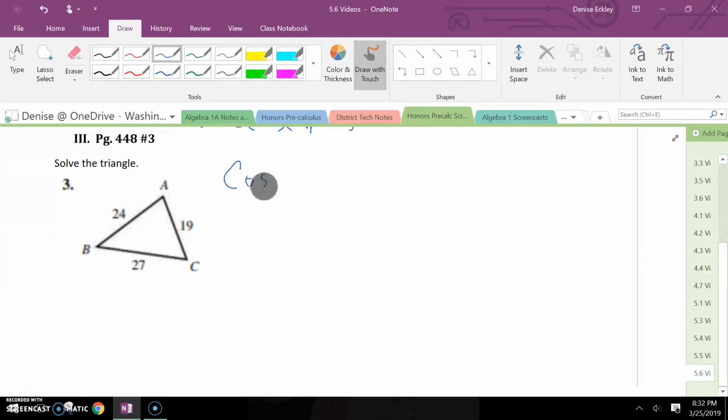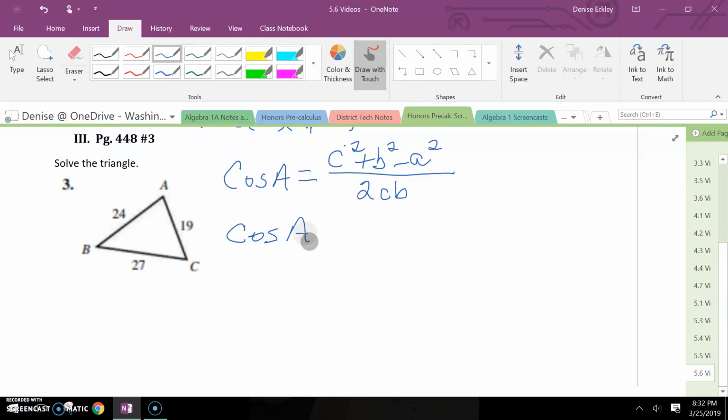So I'm going to do cosine of A is going to be C squared... sorry, let me write that a little neater. C squared plus B squared minus A squared all over 2 times C times B. And again, I said this in the last video for number 1.